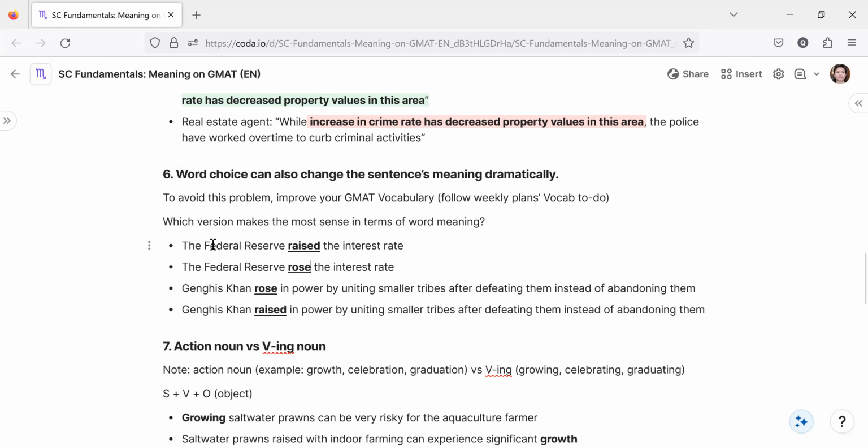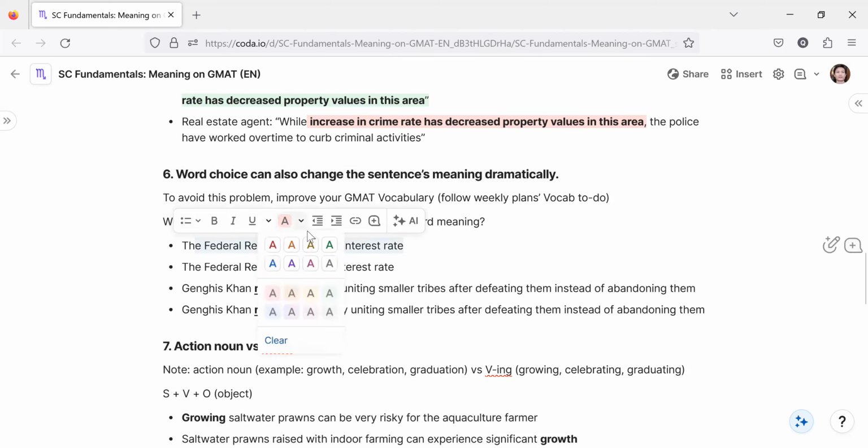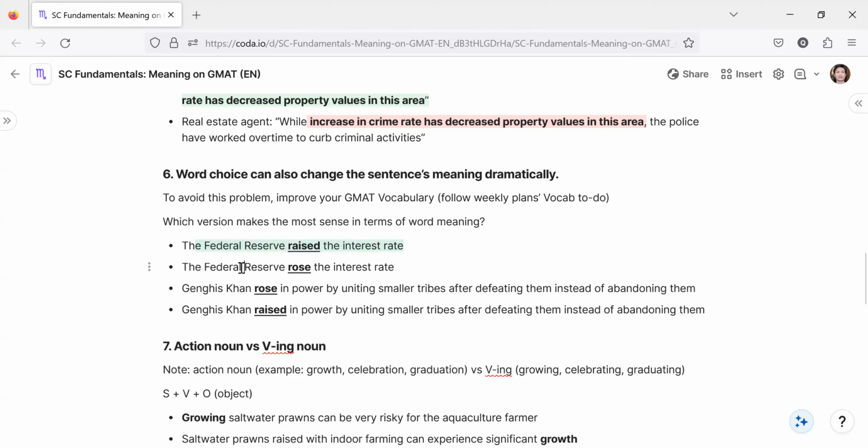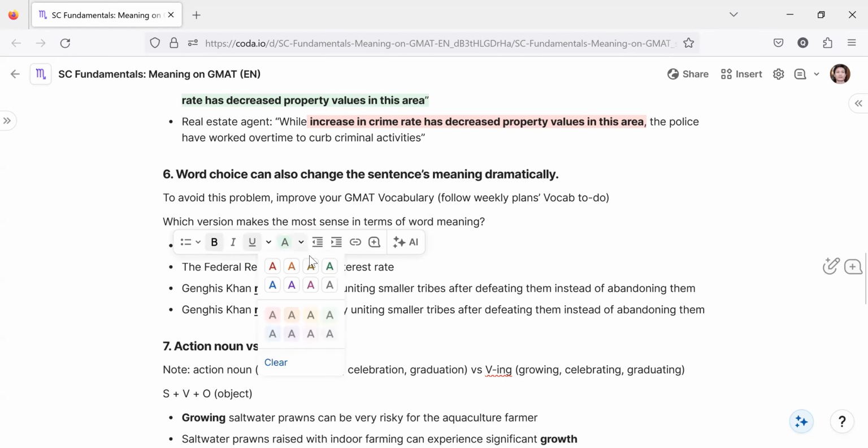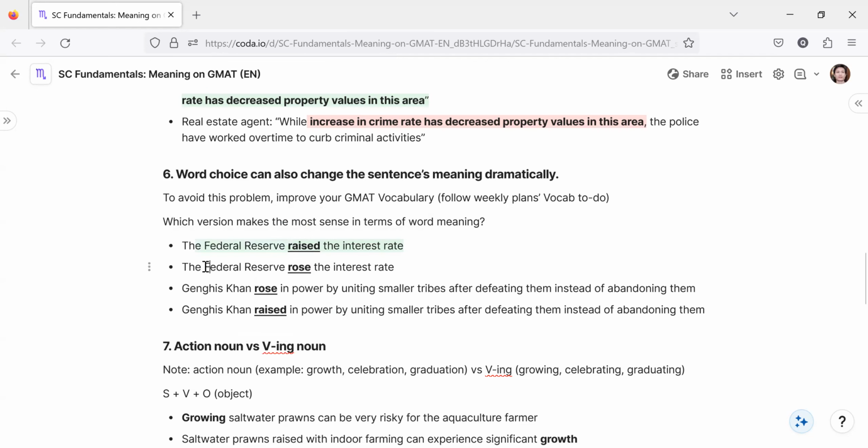So for this sentence, the Federal Reserve raised the interest rate is the correct version, because the Federal Reserve is acting on something else, which is the interest rate. But if the Federal Reserve rose the interest rate, then it doesn't make sense, because the verb rose, the past tense of rise, is not an external verb. It cannot be used to say something acts on something else.